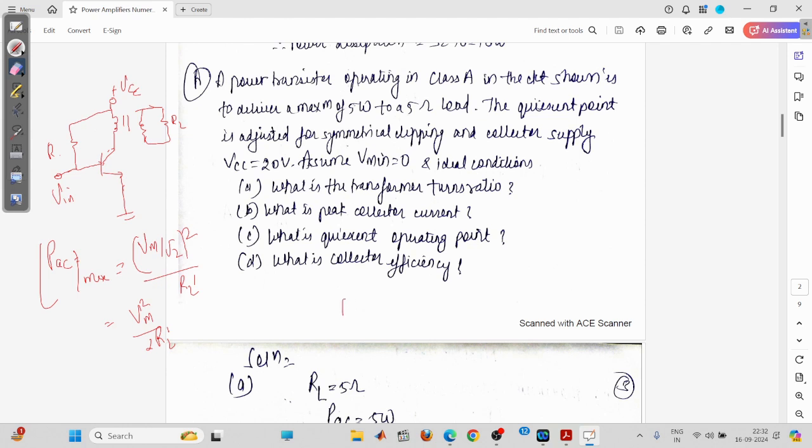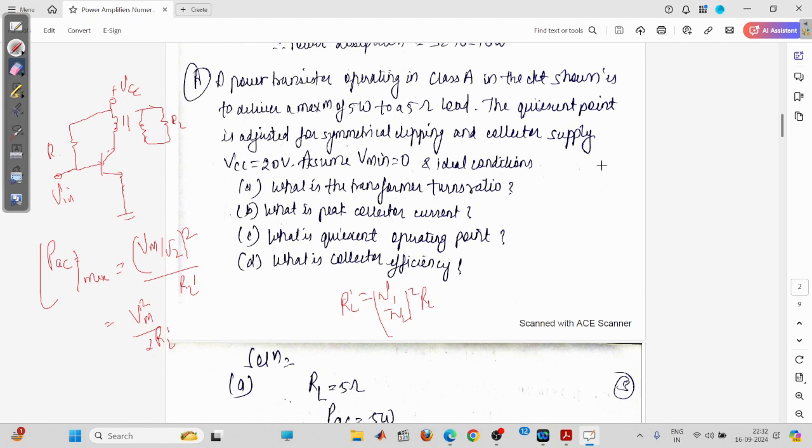In the last class, I told you this is the N1 upon N2 relation. This is the relation between the actual load impedance and the reflected load impedance. So this one is PAC maximum, and this is VCC. So we will have to calculate the Vm value.